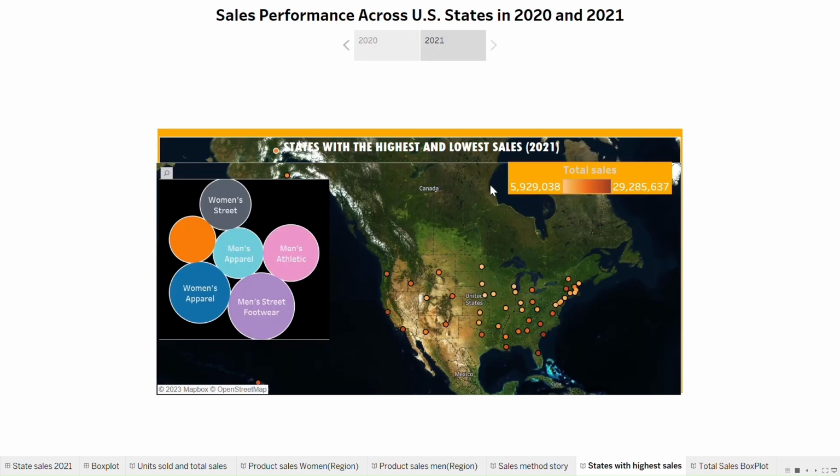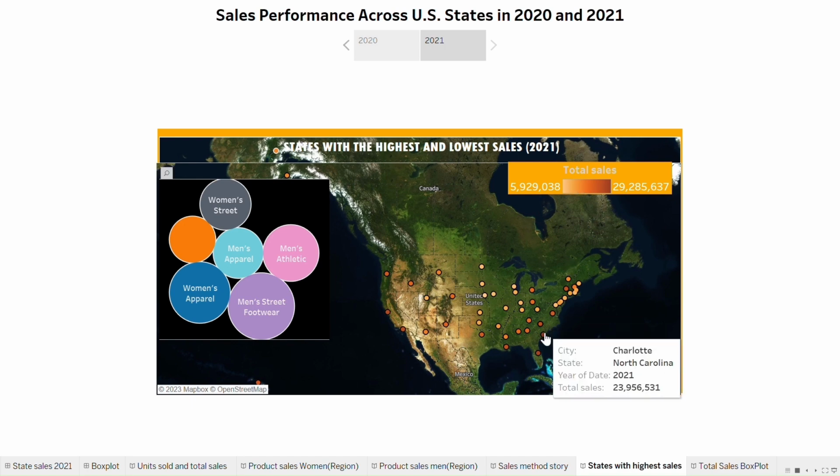So in 2021, the least sales was 5 million. That's a jump from 900,000. And then the most sales reduced from 39 million to 29 million. But then in total, we had more states joining in, thereby increasing the sales.